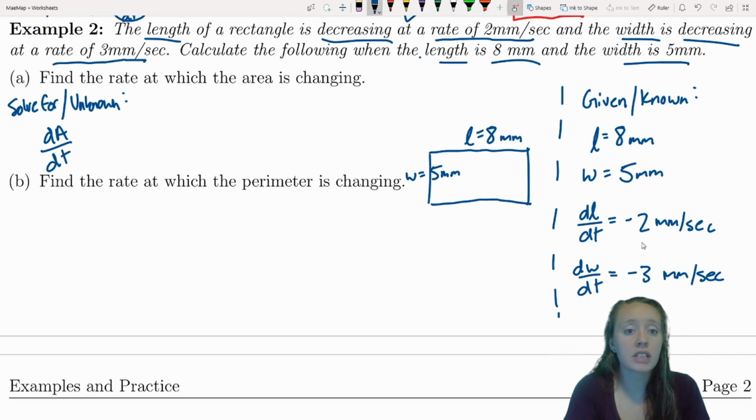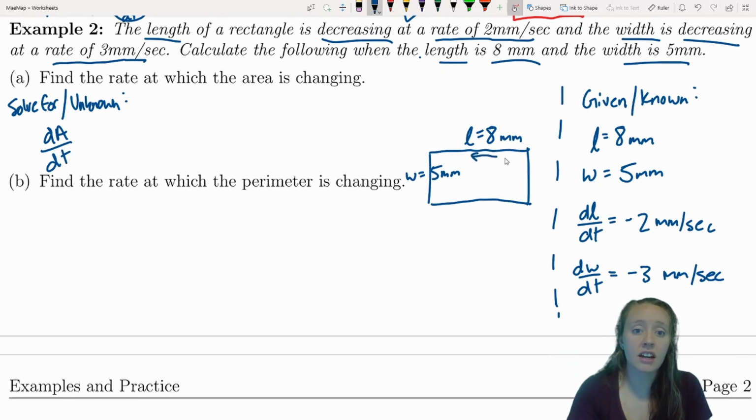I also know dL/dt is decreasing at a rate of 2 millimeters per second, as well as my width is also decreasing at a rate of 3 millimeters per second.